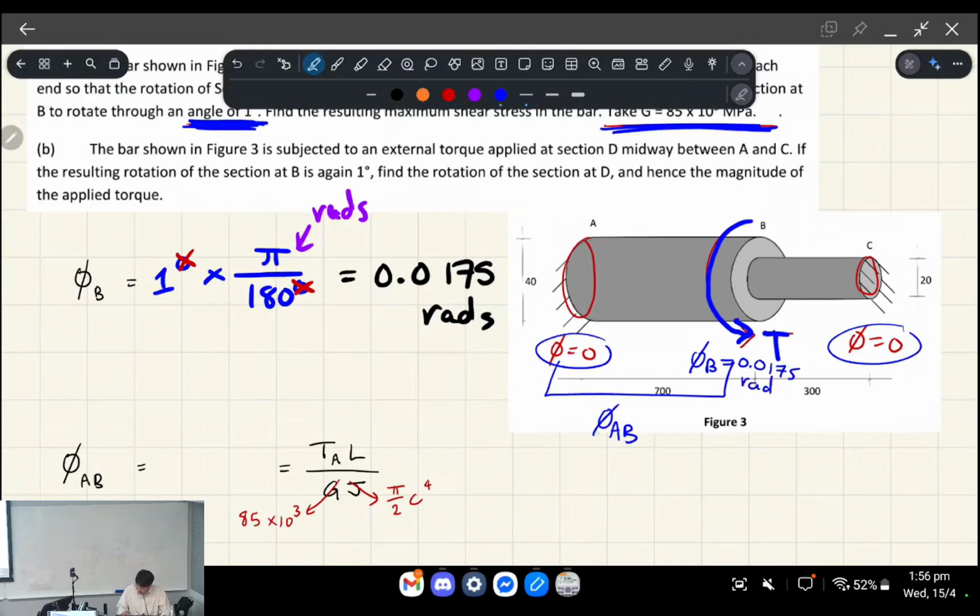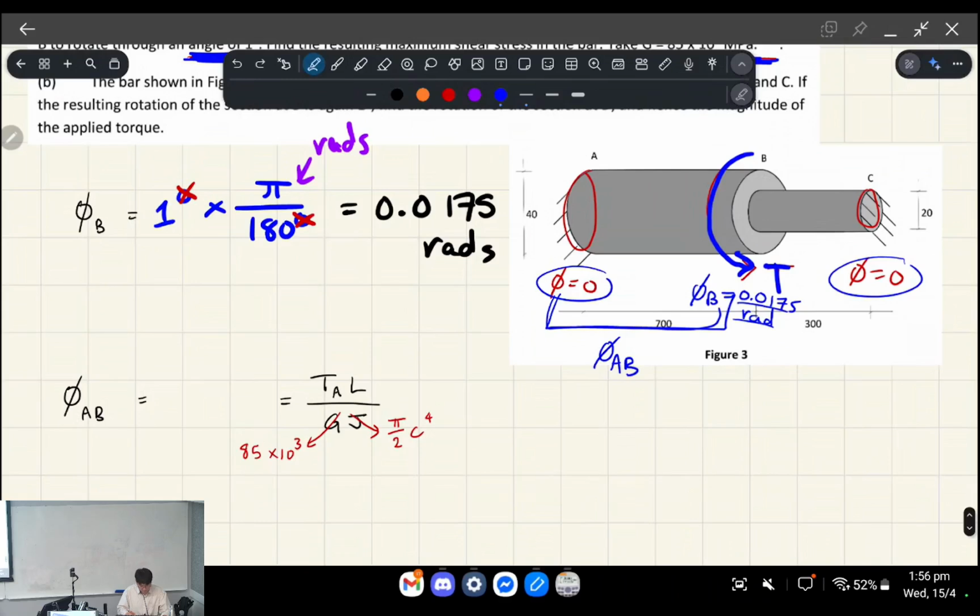Therefore the change in twist from A to B has to be that, because it had a starting point of 0. So we just chuck this into our fraction and set it equal to all this.